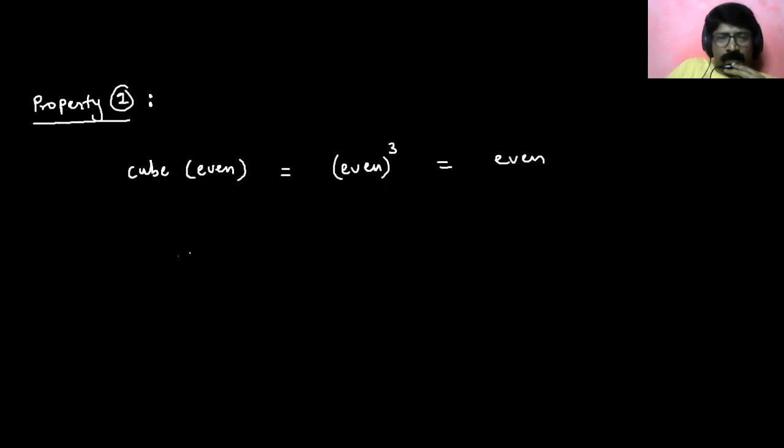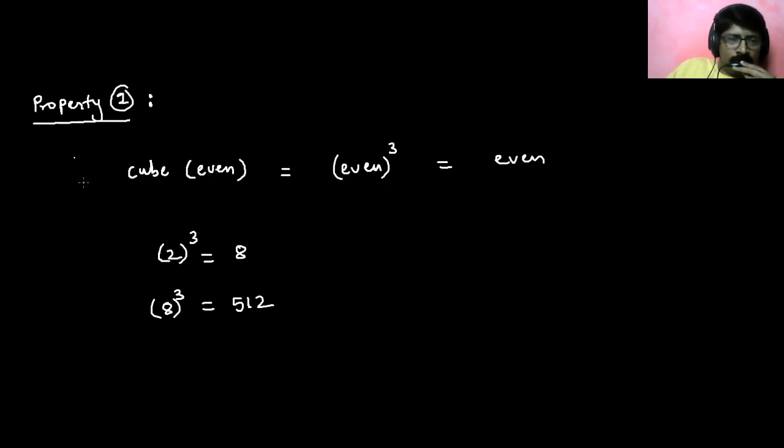What do you mean by that? Say if it is 2 cube, it will be 8. 8 cube, which is 512, isn't it? So if the base is even, the cube is also even. Okay, cube of odd. It's just the same property, guys.